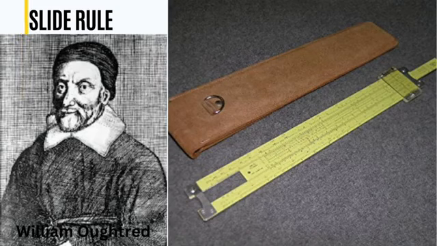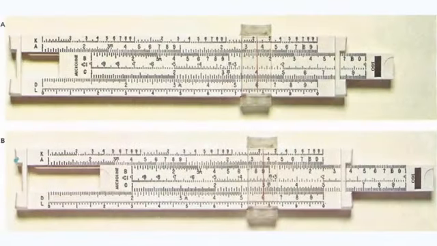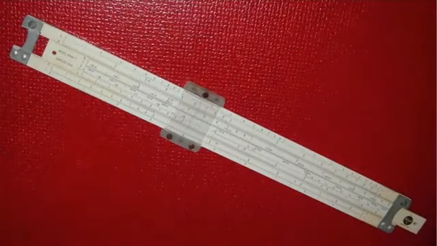Moving forward, we have the slide rule. The slide rule was invented by William Oughtred in the year 1632. Slide rule is a mechanical analog computer. In its most basic form, the slide rule uses 2 logarithmic scales to allow rapid multiplication and division of numbers.